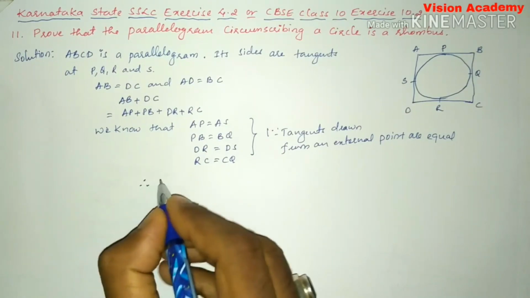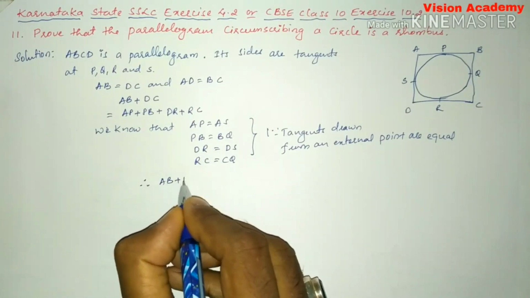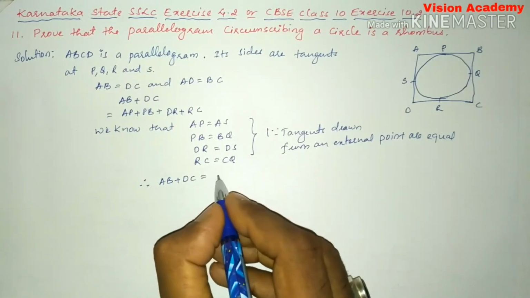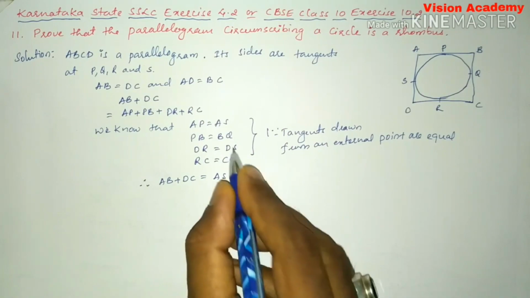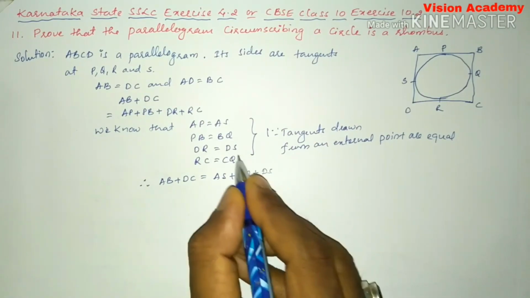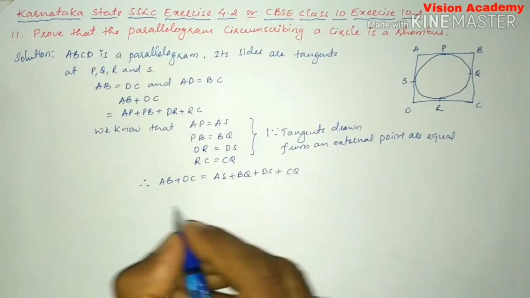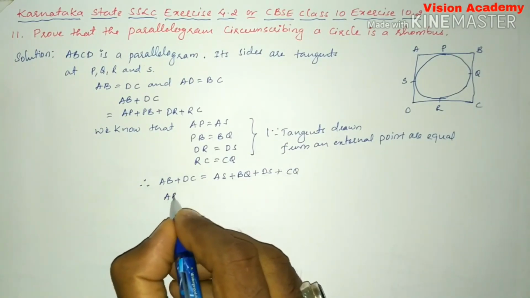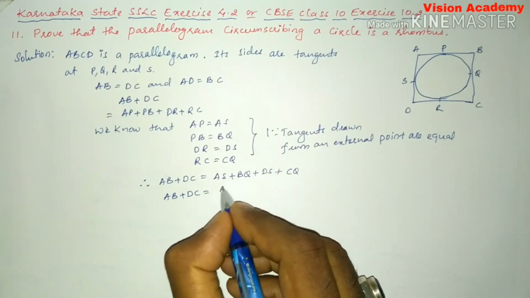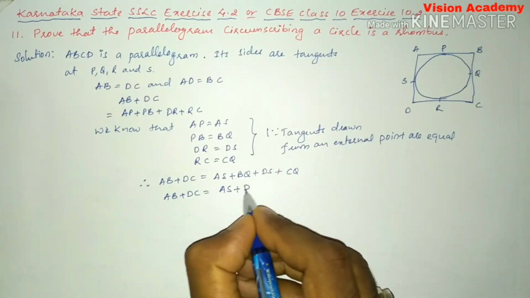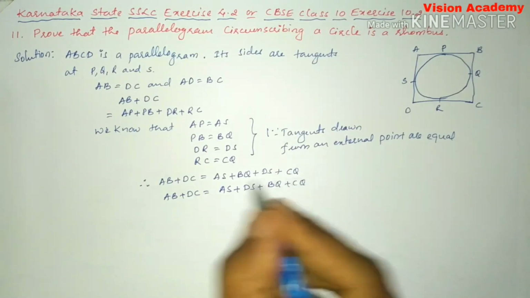Therefore, we can write AB plus DC is equal to AS plus BQ plus DS plus CQ. Rearranging the terms, AB plus DC is equal to AS plus DS plus BQ plus CQ.